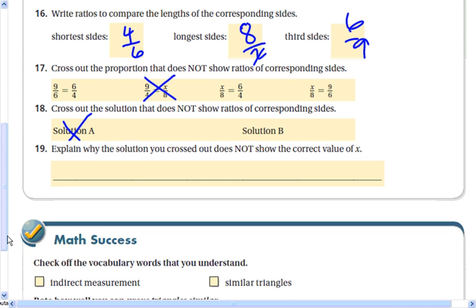The solution is crossed out. It does not show the correct value of x because the sides aren't proportional in that way, written the way they were. They're not correctly using the proportions.